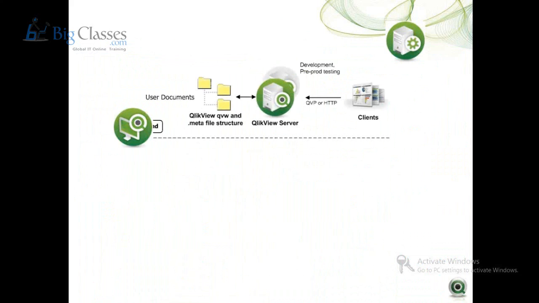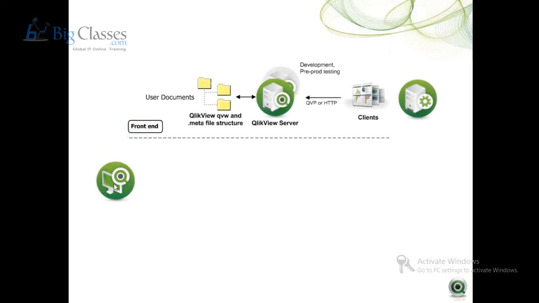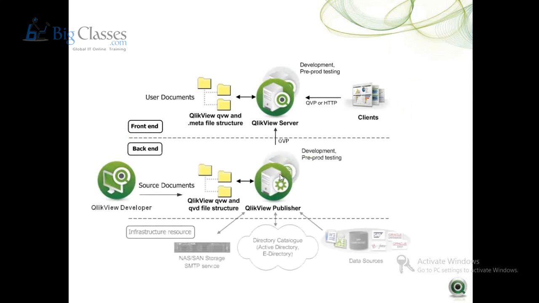So QlikView Server, and here comes the QlikView Desktop. This is your QlikView Publisher, and this is going to be the data. So what does this QlikView developer do? Actually, QlikView Desktop is a Windows-based application, and using it we can create our charts and graphical representations.